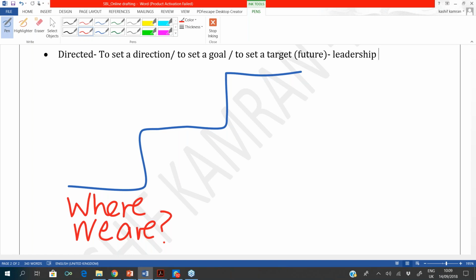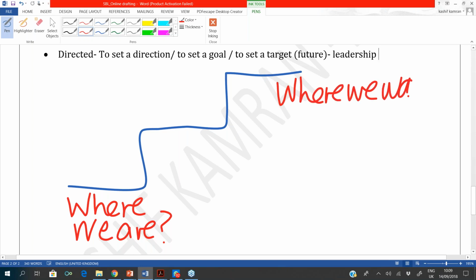And then they have to set the direction, where we want to be. That is your direction. Where we are is the present.